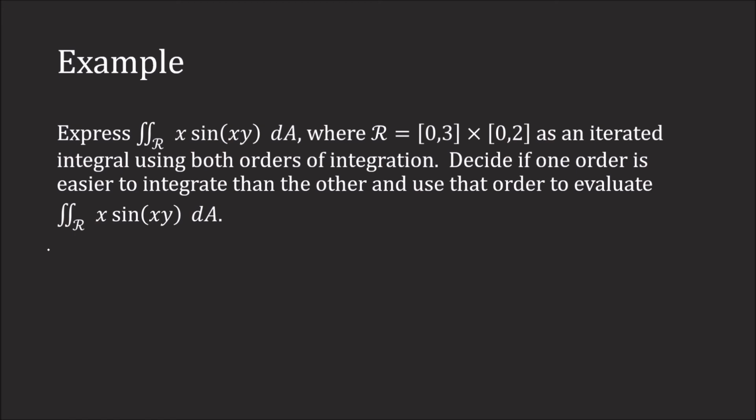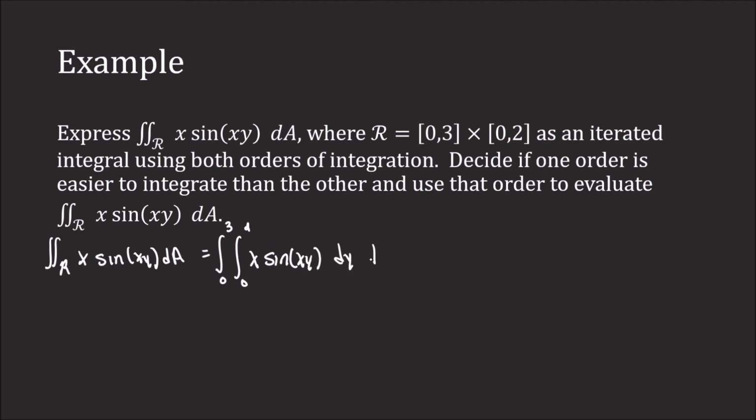So using Fubini's theorem, this double integral would be the integral from 0 to 3, integral from 0 to 2 of x times sine of xy, dy dx, or could have the integral from 0 to 2, integral 0 to 3, dx dy, right? So we can integrate either with respect to x first or with respect to y.